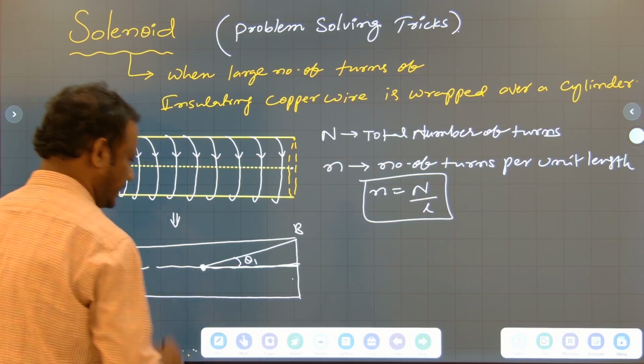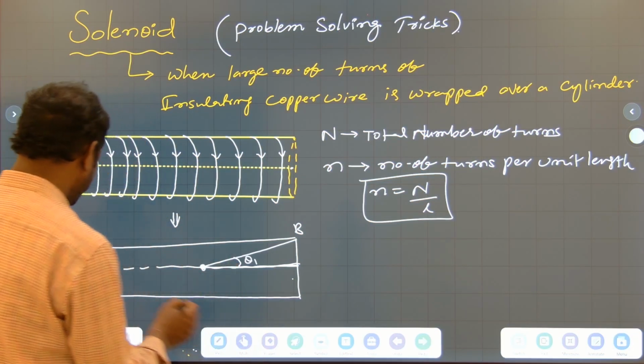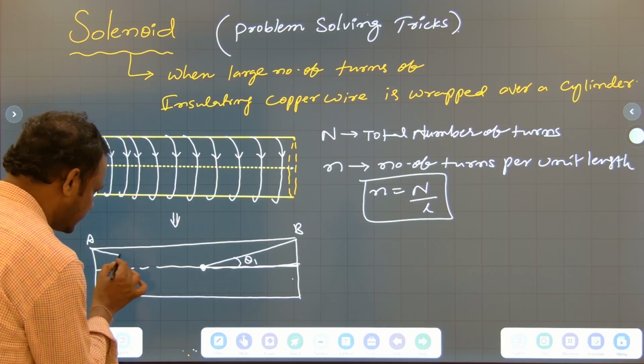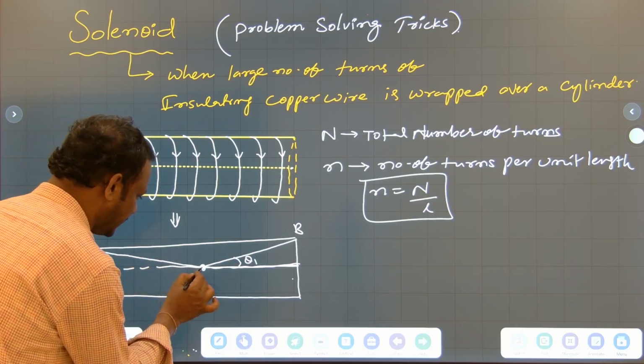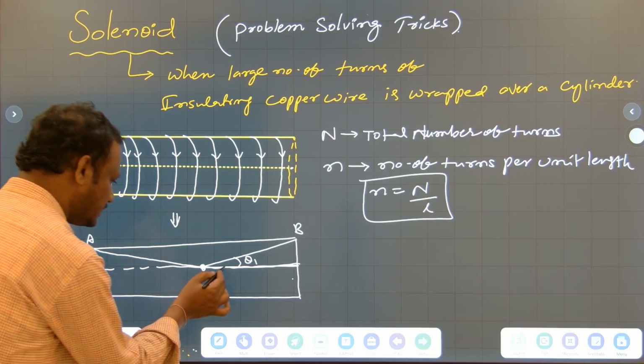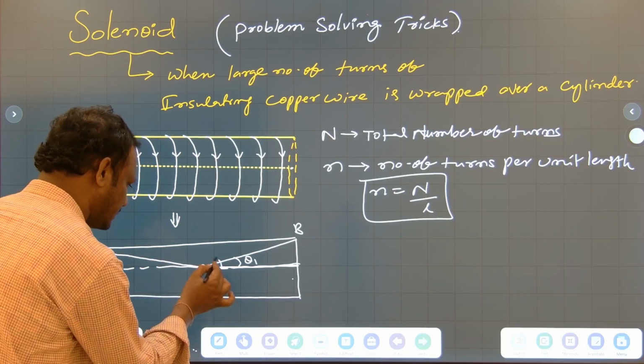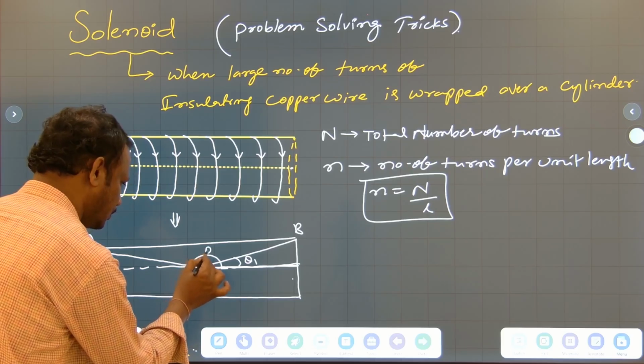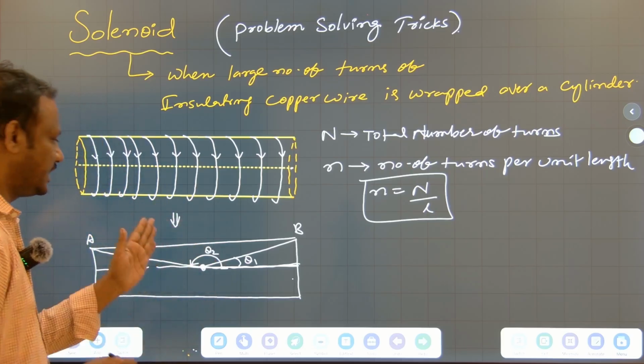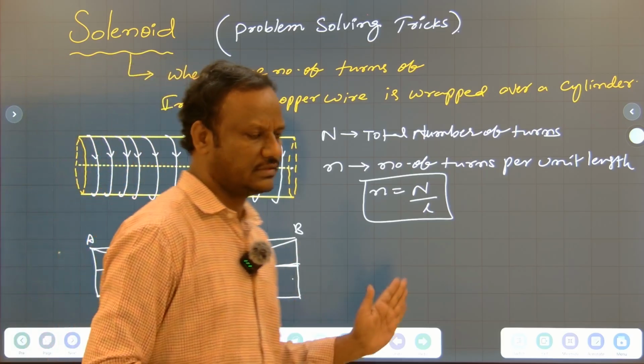With the second end, where you want to find the field, it makes an angle theta 2 with the same axis. Left side is negative, right side is positive.